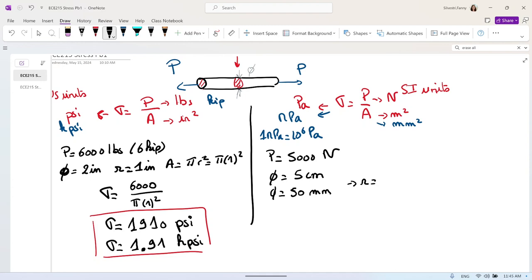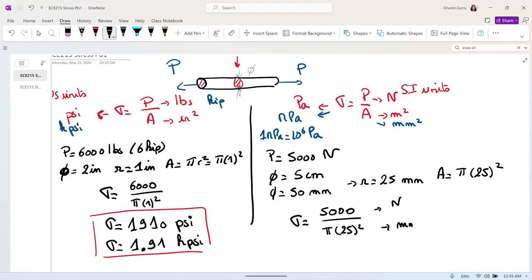That gives us a radius of 25 millimeters, and an area equal to pi times 25 squared. So now we can find sigma, the stress: 5,000 divided by pi times 25 squared. And I repeat, this is Newtons, this is millimeters squared, so our answer will be in megapascals.